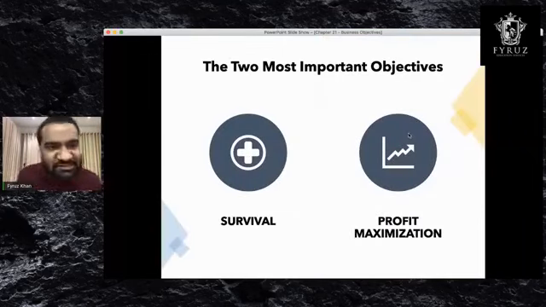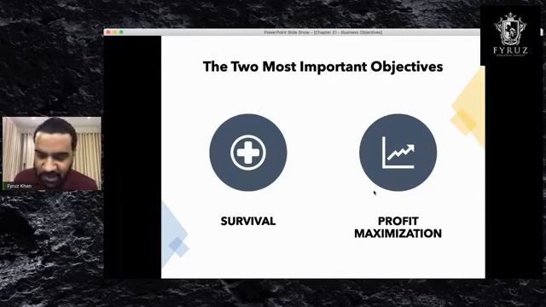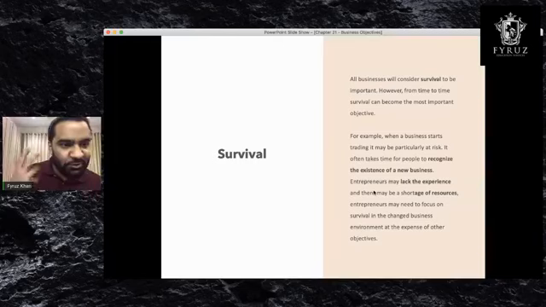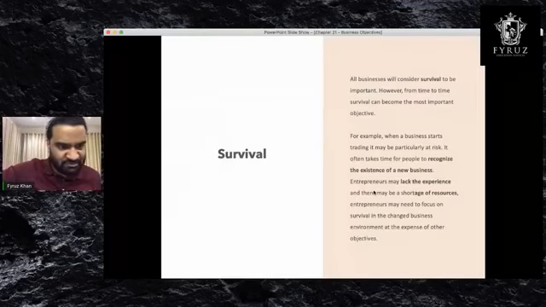So the two most important objectives in a business are survival and profit maximization. We will have a look at what survival is. Take this scenario. Let's say you start a new company. Let's say you start a new makeup company. When you start a makeup company, there's a lot of competition outside.